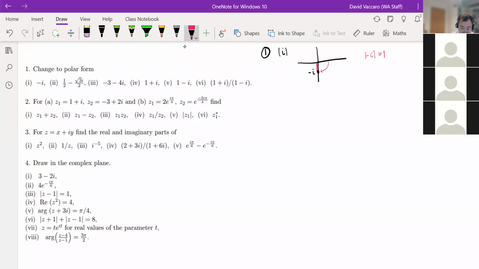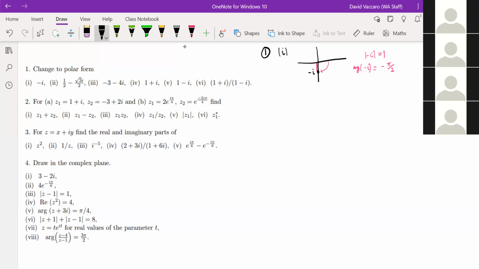Now you could say it was 270 degrees or 3 pi by 2, but the general convention, and I think pretty much everyone is agreed on this, is that arguments are between negative pi and pi. So I would regard the argument of negative i as being negative pi over 2. Okay, so we have the modulus and the argument. The question now is, how do we write this complex number in polar form?